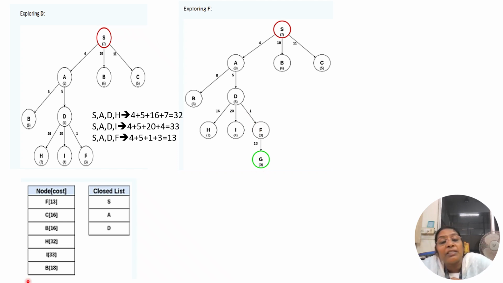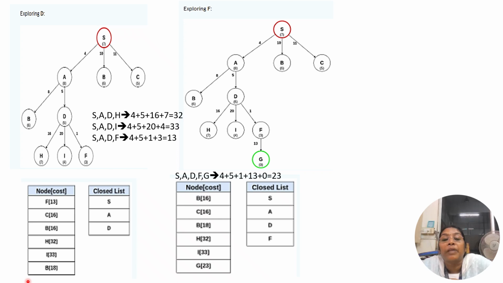But this A star algorithm doesn't stop with this. After taking F to the closed list, the next node is only G, and the path comes as S A D F G, being 23, which is the least, but it doesn't stop. Why?